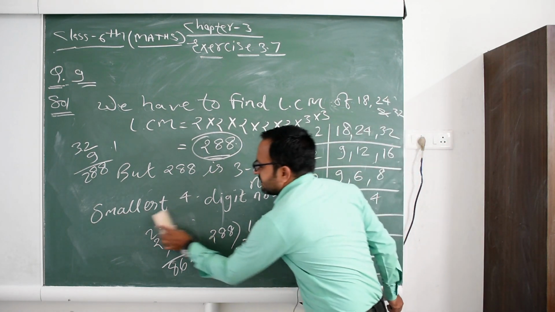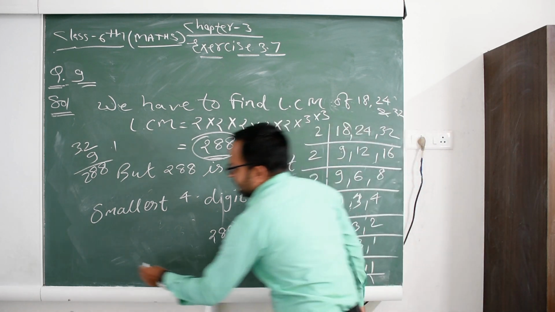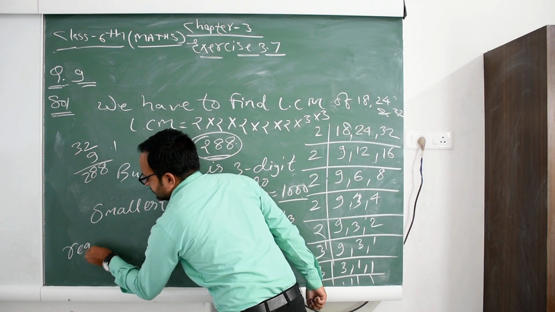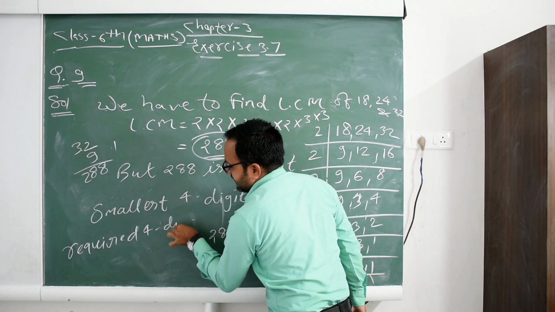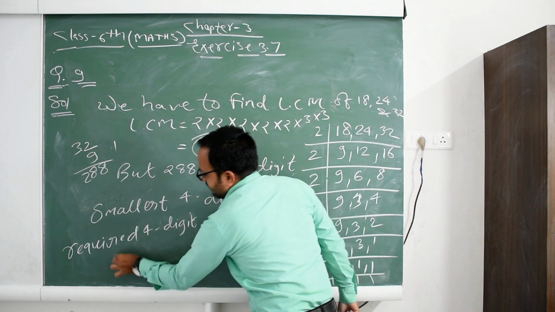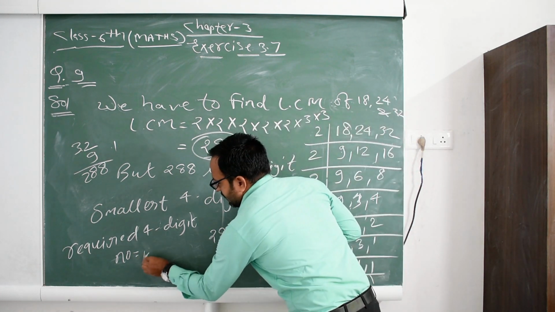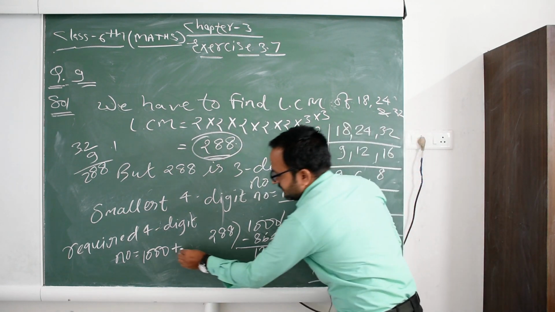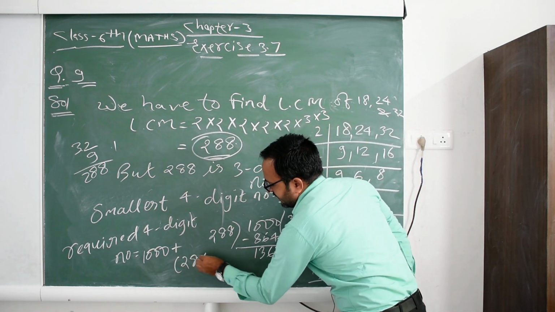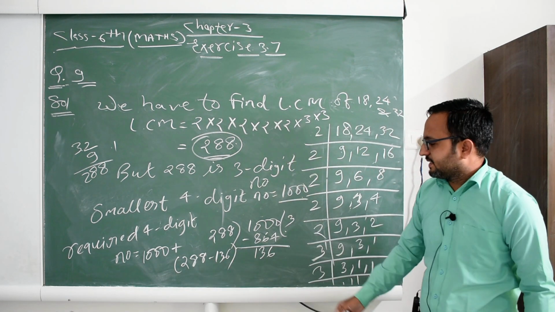So in this case, what do we do? The required 4-digit number will be 1000 plus 288 minus 136.